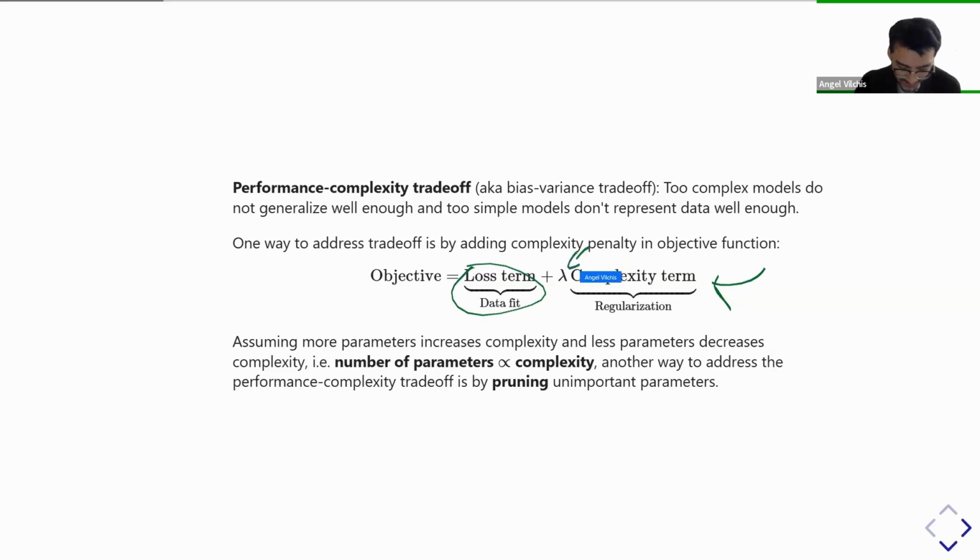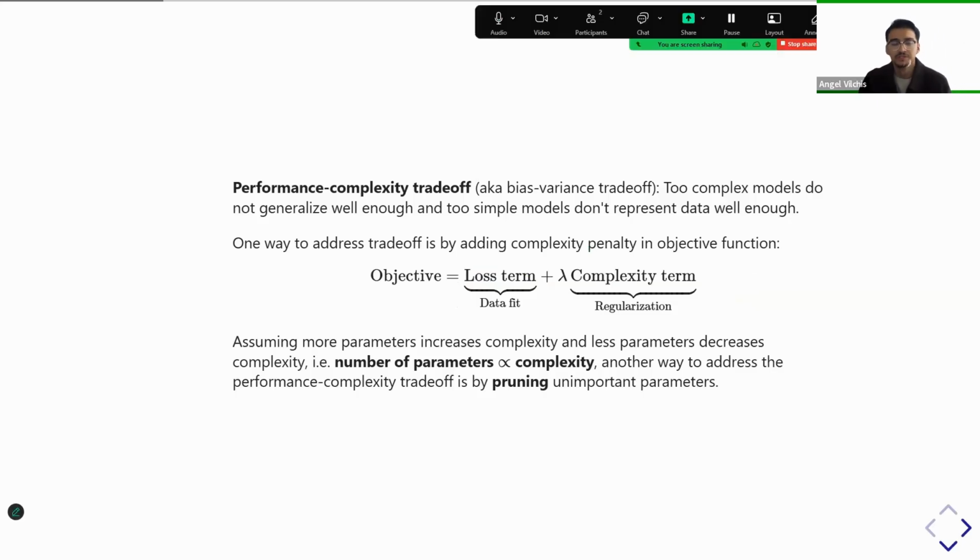And then we add a hyperparameter to control how much we want to penalize for complexity. That's just background. The paper didn't really go into this, but it's something good to know.